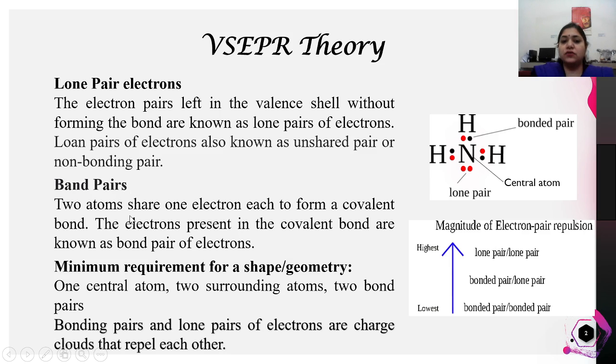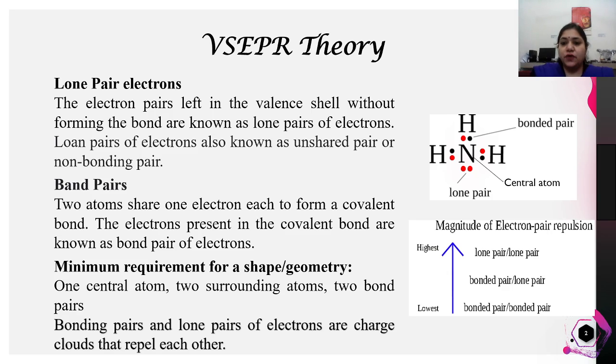Bond pairs are those electron pairs which are used in the formation of a covalent bond. Obviously these are electron pairs, that means two electrons are there in one pair. In a bond pair, both electrons belong to different atoms.